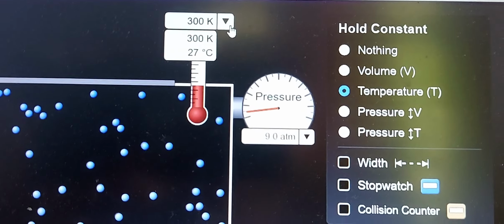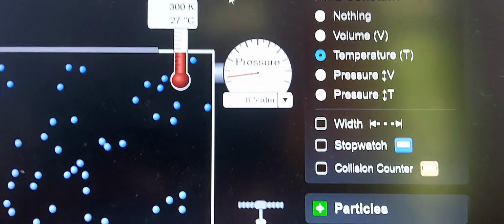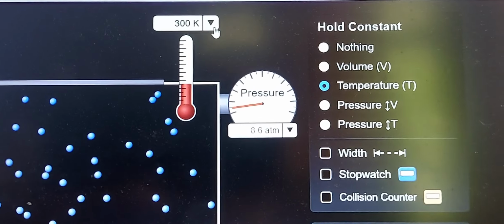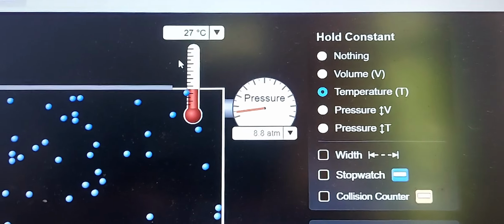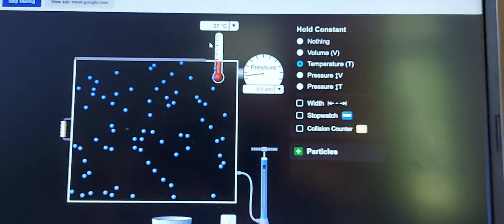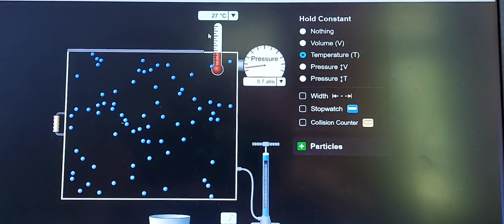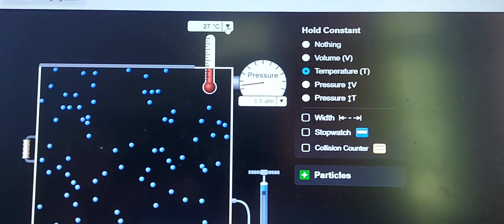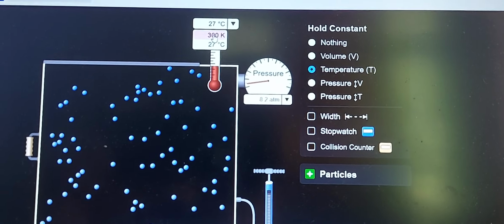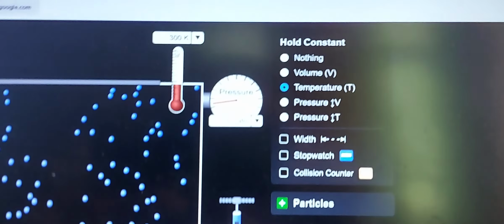You can also choose the unit. Just click the arrow here. If you don't want Kelvin, you can use degrees centigrade or degrees Celsius. And so, 27 degrees Celsius or 300 Kelvin, they are the same.